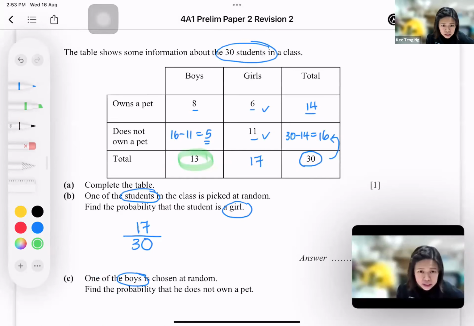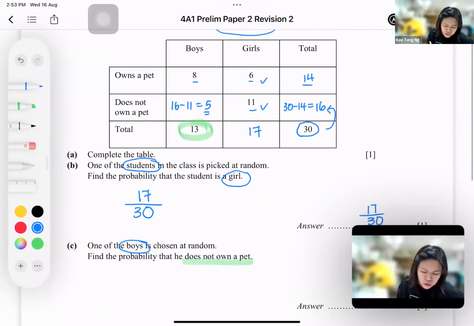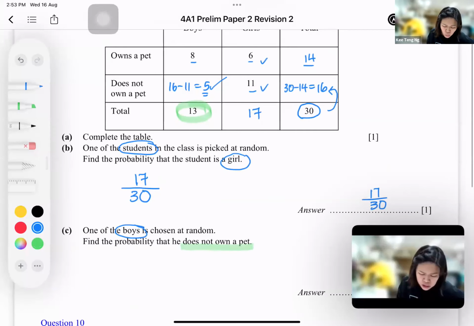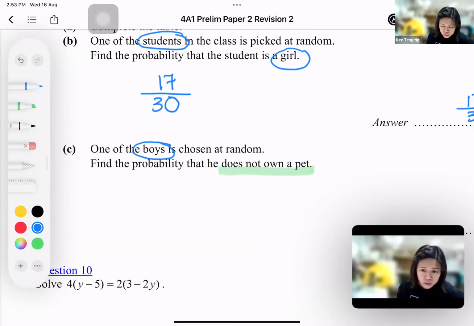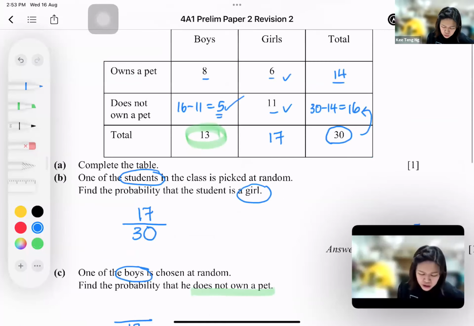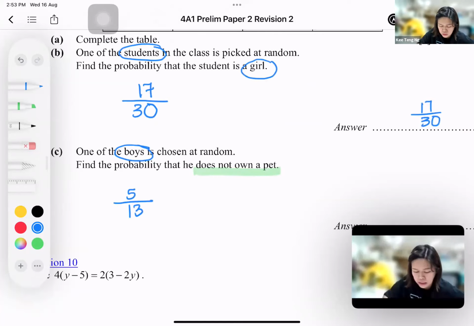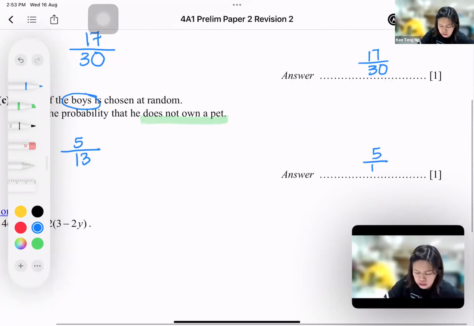Out of these 13, how many do not own a pet? So it's 5, right? So there are 13 boys. It should be out of 13. Then 5 boys do not own a pet. 5 over 13. Okay, nothing to simplify, final answer.